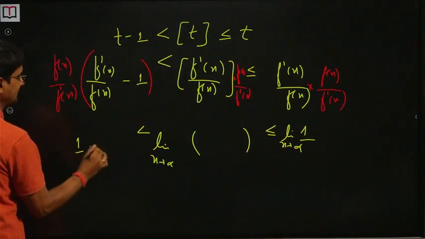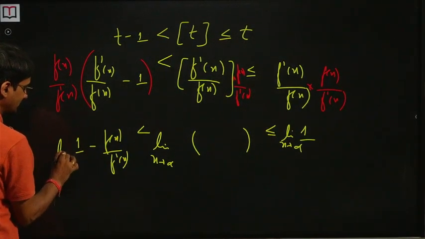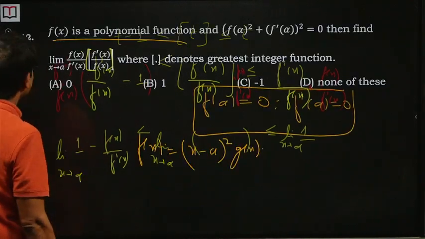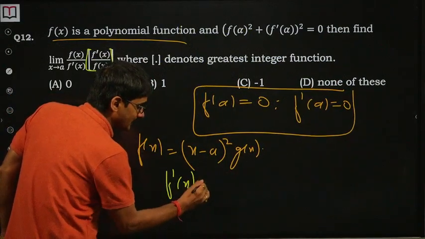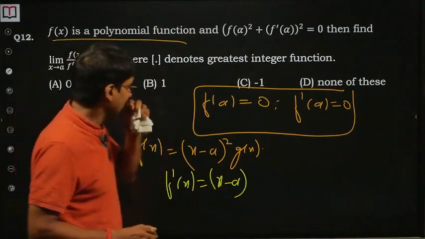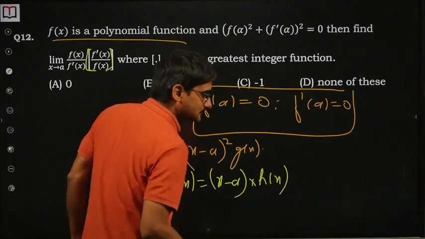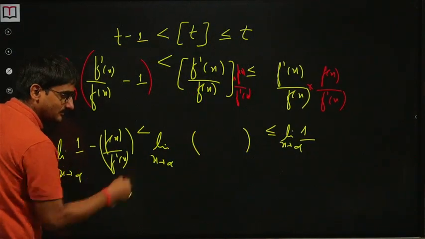And this is 1 minus limit x tends to alpha. Now see, f dash alpha will also have x minus alpha. Why? Because f dash alpha is also 0, and there will be some function h of x. So if you go for evaluation of this limit, this is 0 by 0 form.